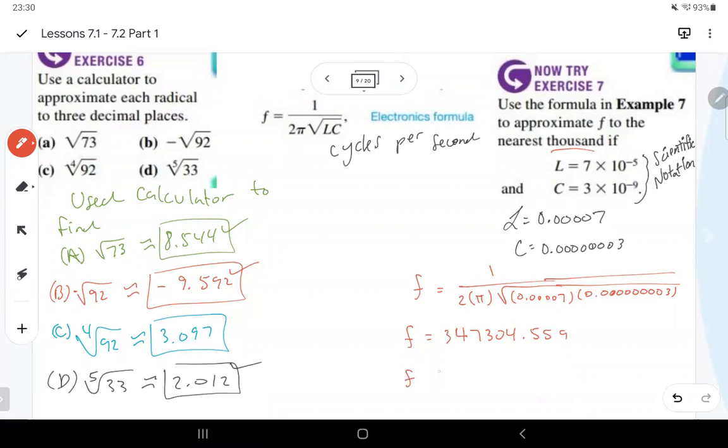And then we would look to the right of here, so we're not going to round up. So 347,123 cycles per second. Okay. So that is it for lesson 7.1. I will see you back here for 7.2 momentarily.